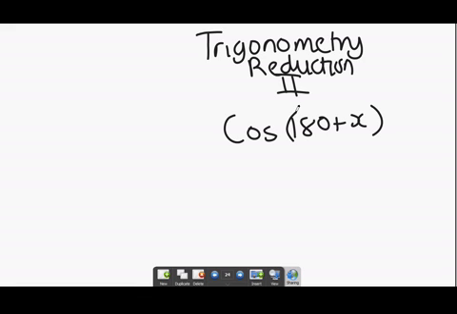Now, if I was doing this reduction, what I would simply do is say, fine, I need to find out the sign. And as usual, to find out the sign I would just use my calculator. I'll press cos(180 plus 60) in my calculator.